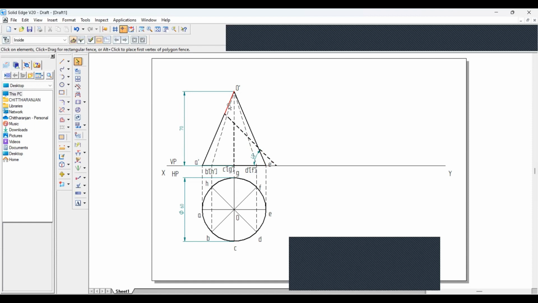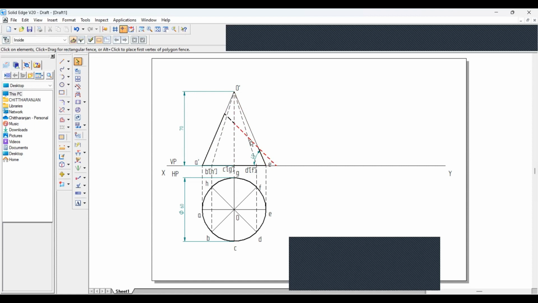Now change the thickness of this line to 0.25, and this is 0.25. Now this should be deleted. Delete.